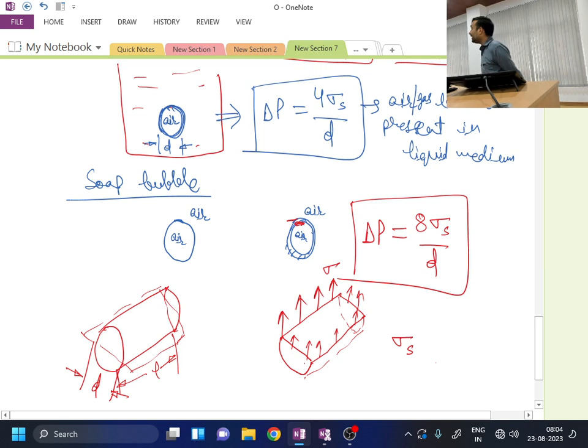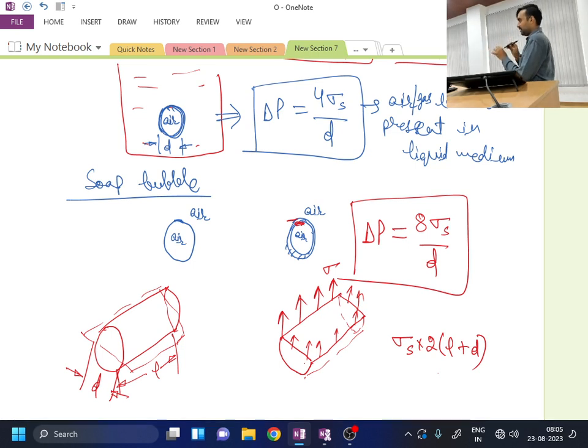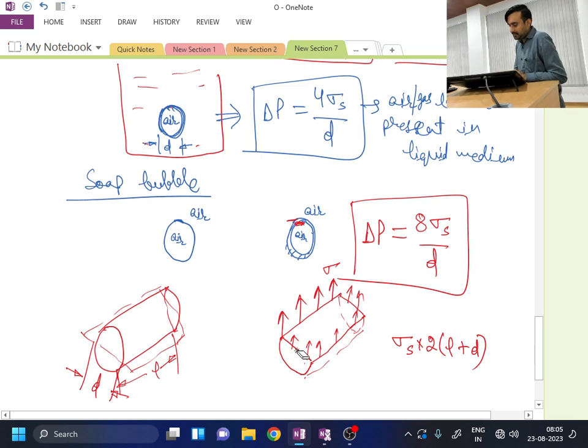Is it acting on area or is it acting on interface perimeter? 2 times L plus D. Okay. Because surface tension force is only acting at the interface. So the perimeter of this will be, this is L, this is D. So L plus D is one side, and then 2 times L plus D. So that is the surface tension force.